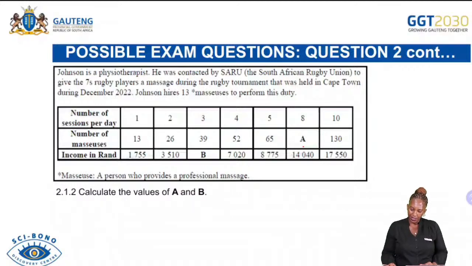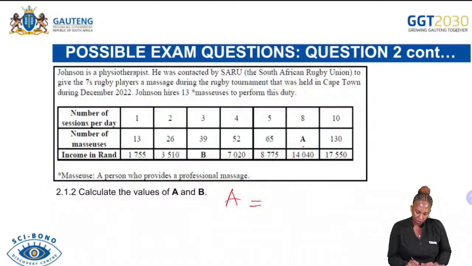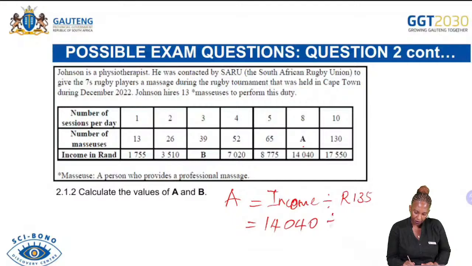Now the value of A will be the income, this one, the 14,040 rand. Now I divide it by what? By the price of a single massage, which is what? 135. Then I divide it by 135.